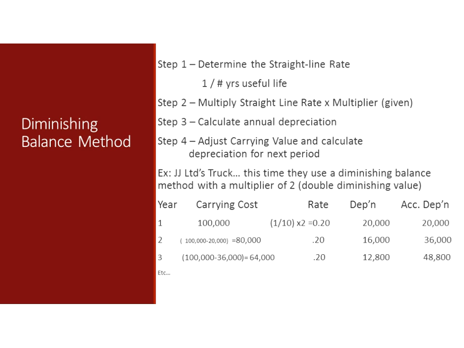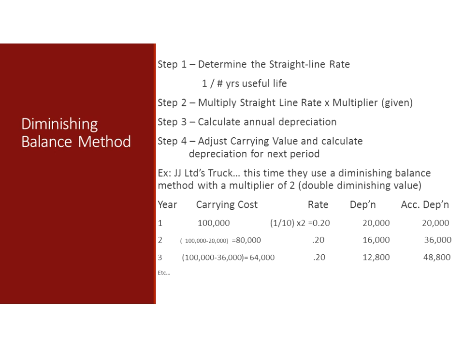In our diminishing balance method, there's a few steps that we have to look at first. We're going to start by determining what we call our straight line rate, which really is just 1 divided by our number of years of useful life. Then we'll multiply that straight line rate by what we call a multiplier. So sometimes we'll call this the double diminishing balance, which would mean that we multiply by 2.